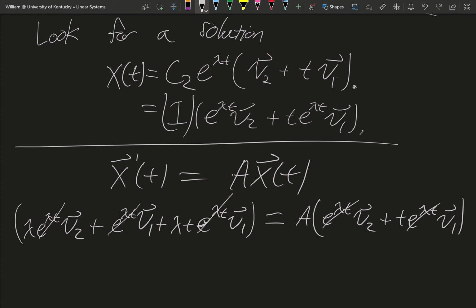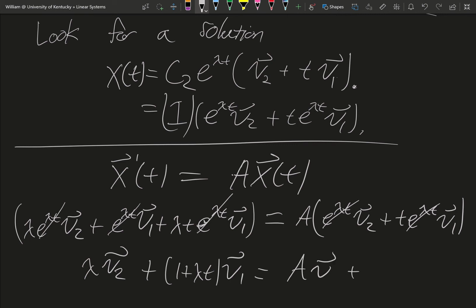Simplifying on this side, we have lambda V2 plus (1 plus lambda t) V1. And over here, we have A V2 plus t A V1. Normally I can't commute matrices, but t is just a scalar, so I can commute it with that.